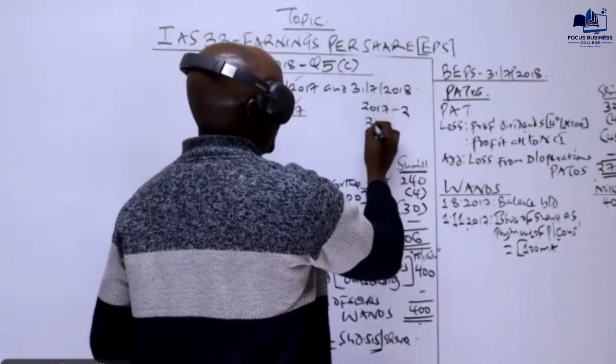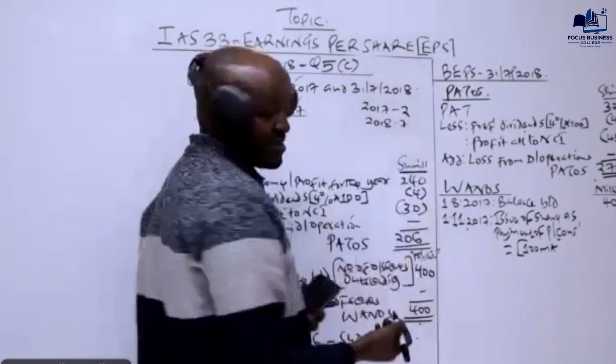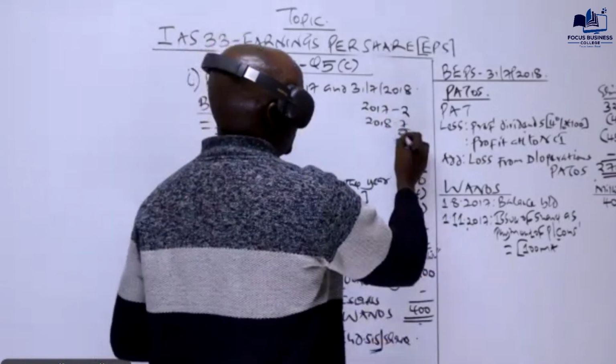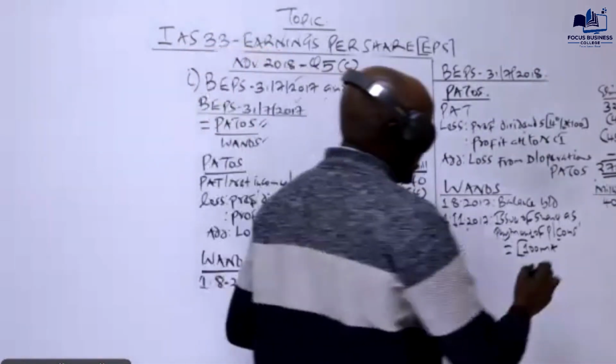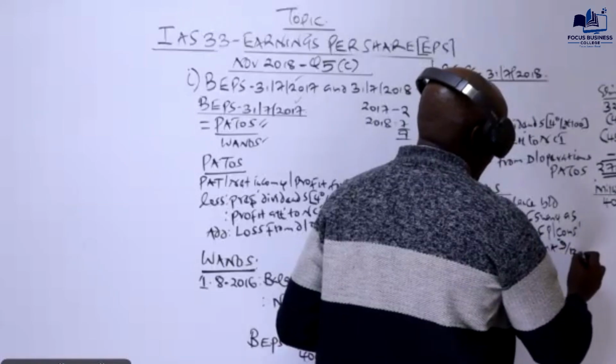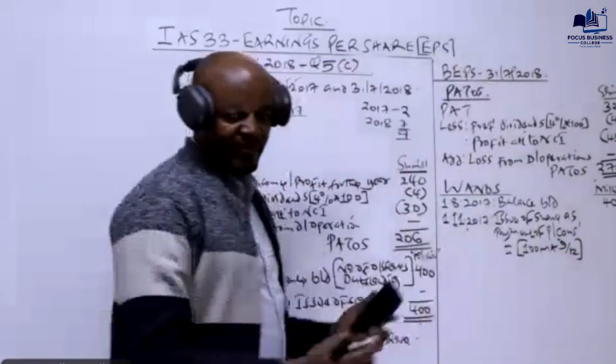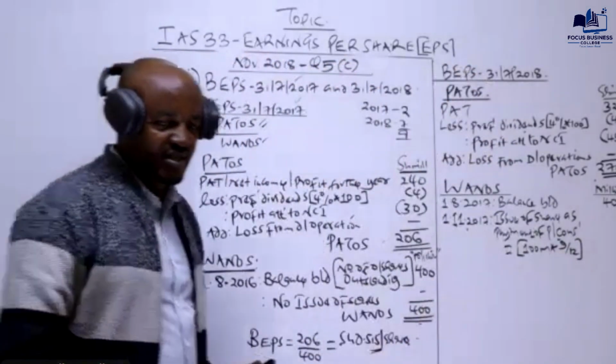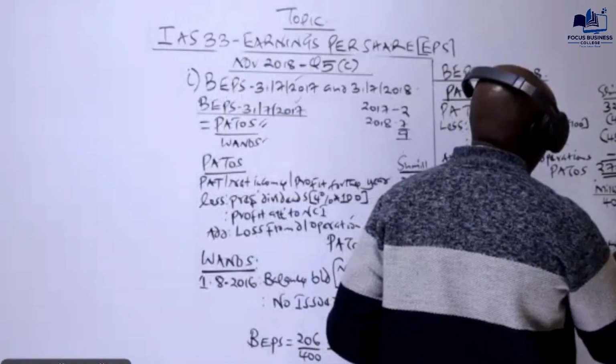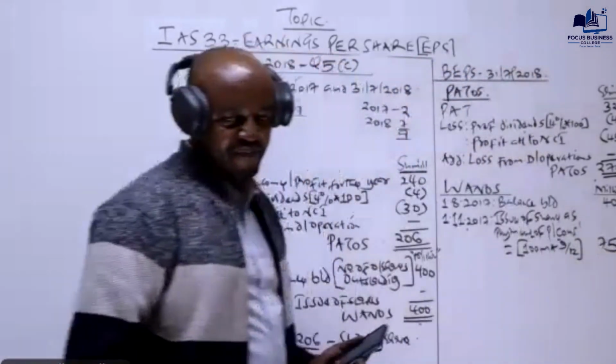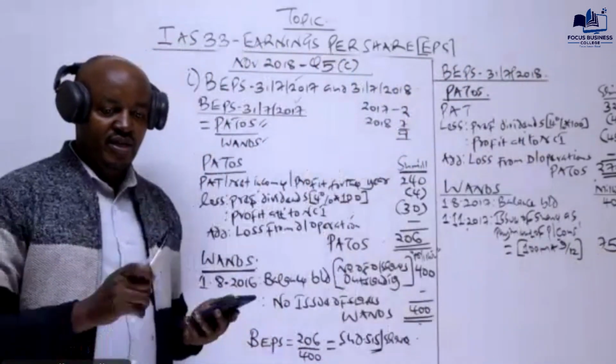In 2018, they will be held for 7 months. So in total, these shares were held for 9 months. So we multiply by the proportion of time the shares were held, which is 9 over 12, the same as 3/4. 3/4 of this is 75. Yes. So that's how we treat those shares.